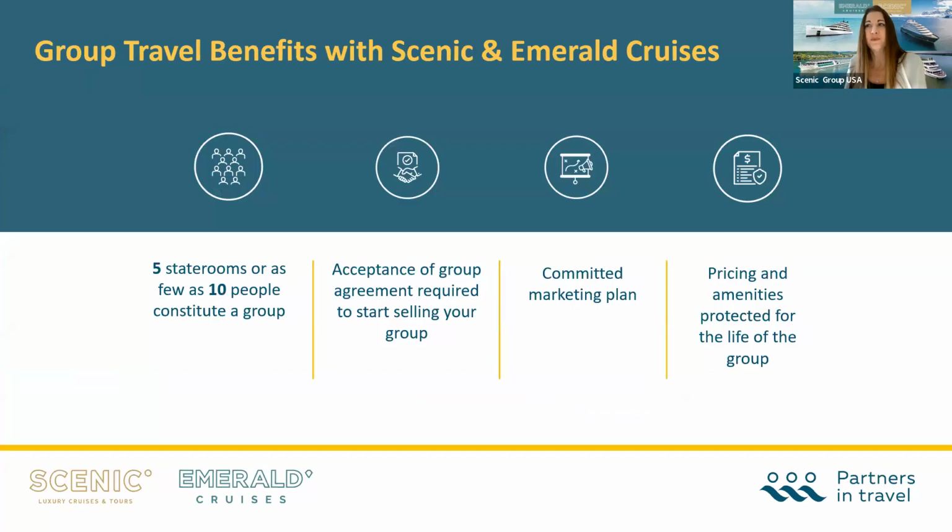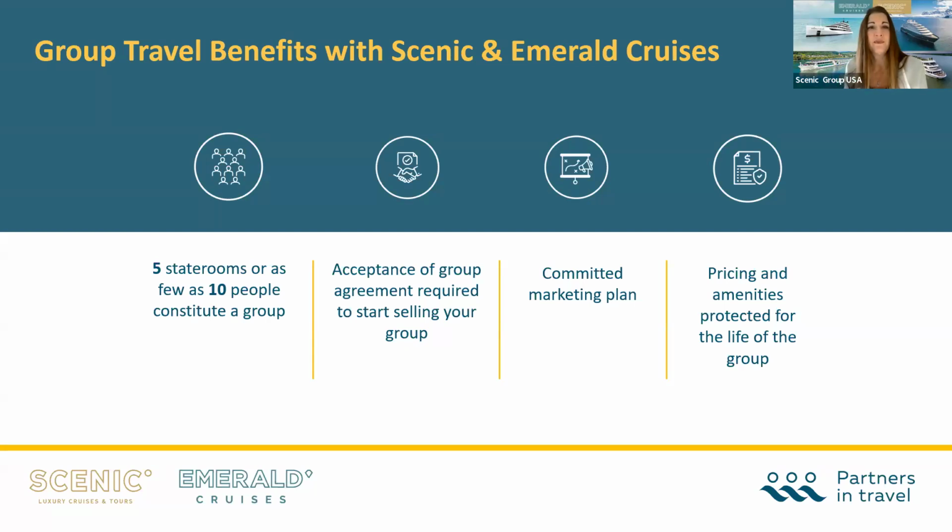Once you've found your group, I want to tell you some of the benefits of having the group and how they work. I think we have one of the most simple group programs out there. It's very easy: 5 staterooms to start for most of our sailings, which means your 10th person will be free. That would be your TC credit. You just have to contact groups, and we'll get your group agreement.